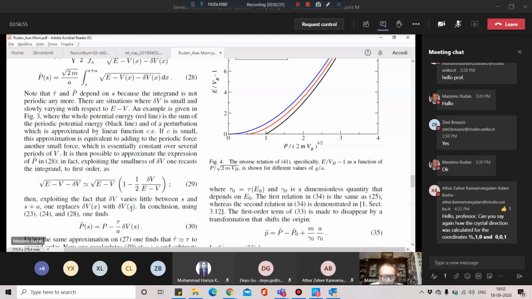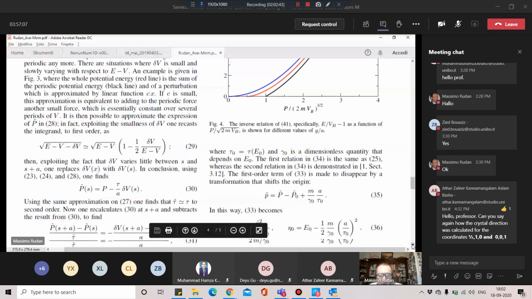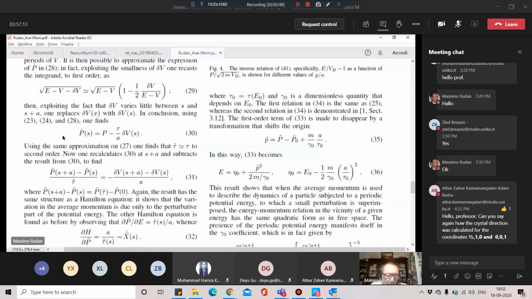What we find is that the actual momentum P tilde is the momentum P of the unperturbed situation, which is a constant of motion, as you remember, minus tau over A times delta V of S. You remember tau is the time necessary for the particle to cross one period in the unperturbed situation, okay?